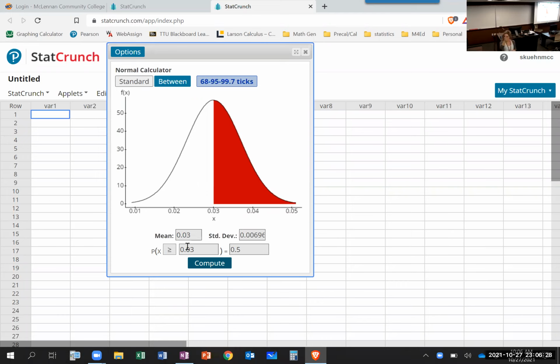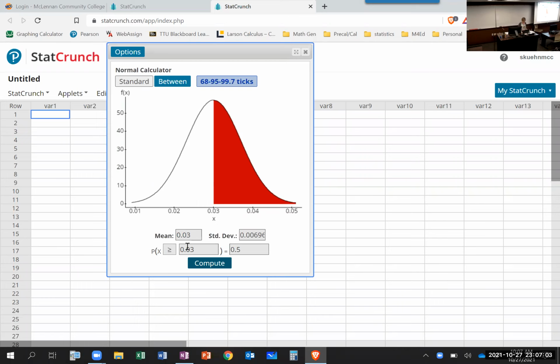If 0.03 is the mean of the population and 0.03 is the mean of my sample proportions, we are assuming that 0.03 is the middle, so of course you would have 50% more and 50% less, because it's the middle. It's kind of a silly question, but there you go. That's how come this came out to be 50%. 0.03 is the center, so you would have 50% greater or 50% less.